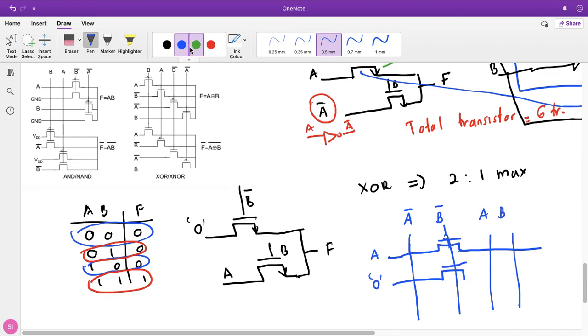And another input called B is tied to A bar. B is tied to A bar, to provide a strong 1.